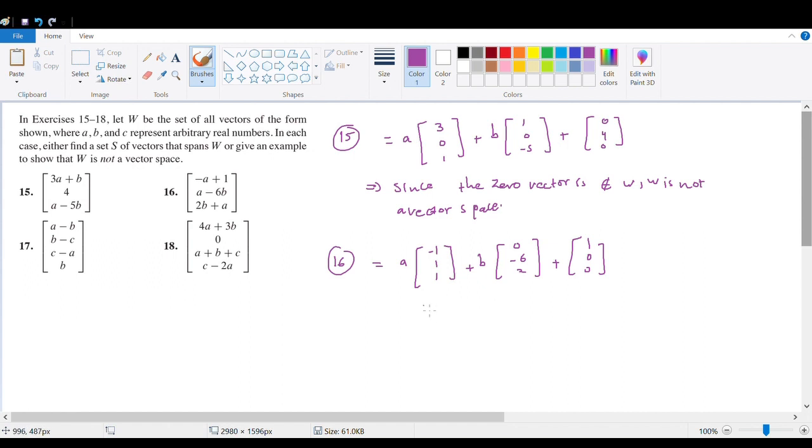So similarly, this one does not contain a 0 vector, because we can make this one 0, we can make this one 0, but for this one we cannot make it 0 because here we have 1. So we conclude 16 is not a vector space because it does not contain a 0 vector.